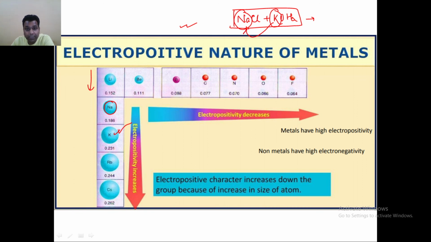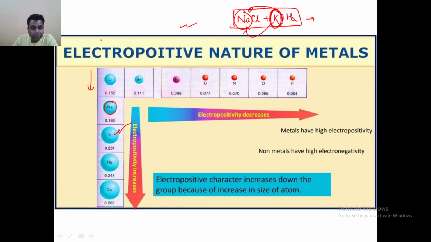Are you getting my point? This is the property that we need to understand. That's why I told you at the start of the lecture that electronegativity and electropositivity are going to play a very vital role in organic chemistry, physical chemistry and inorganic chemistry.